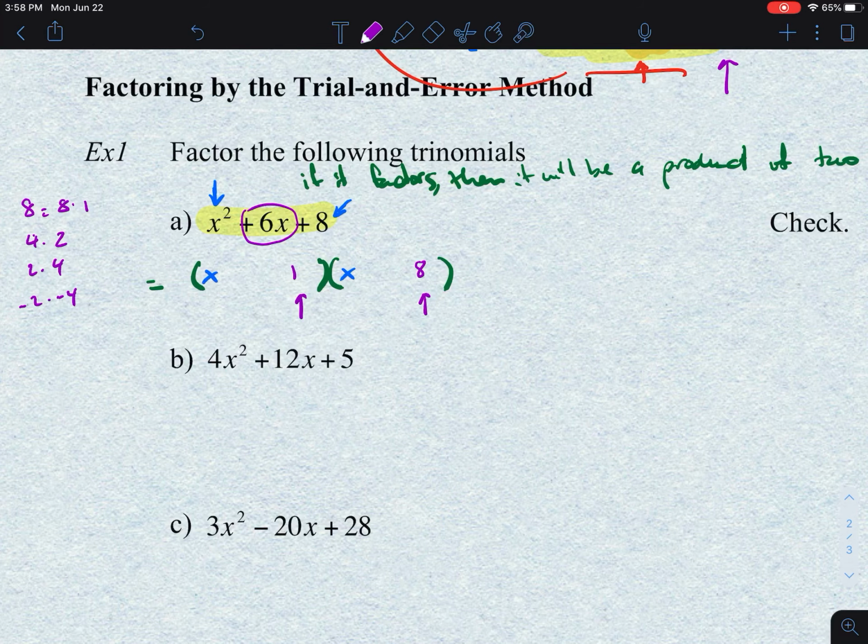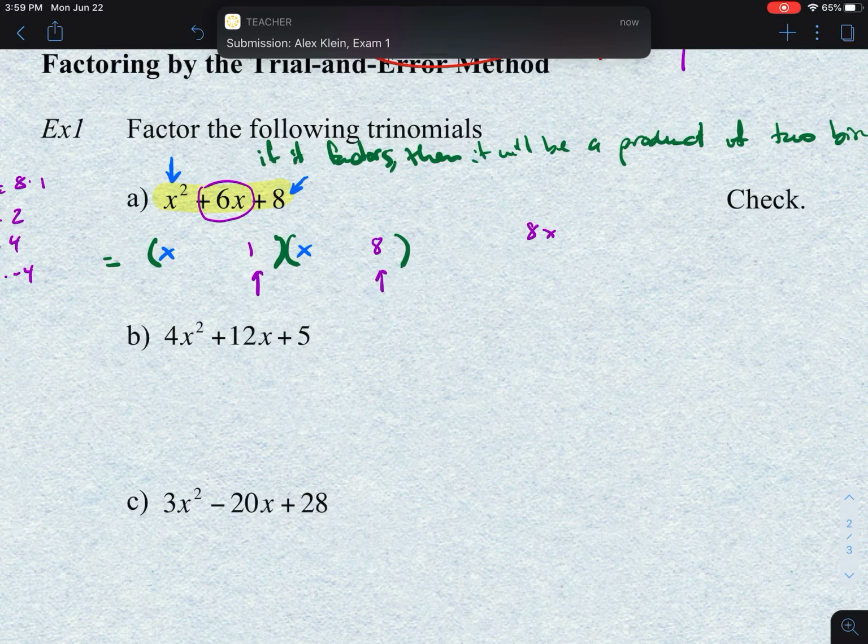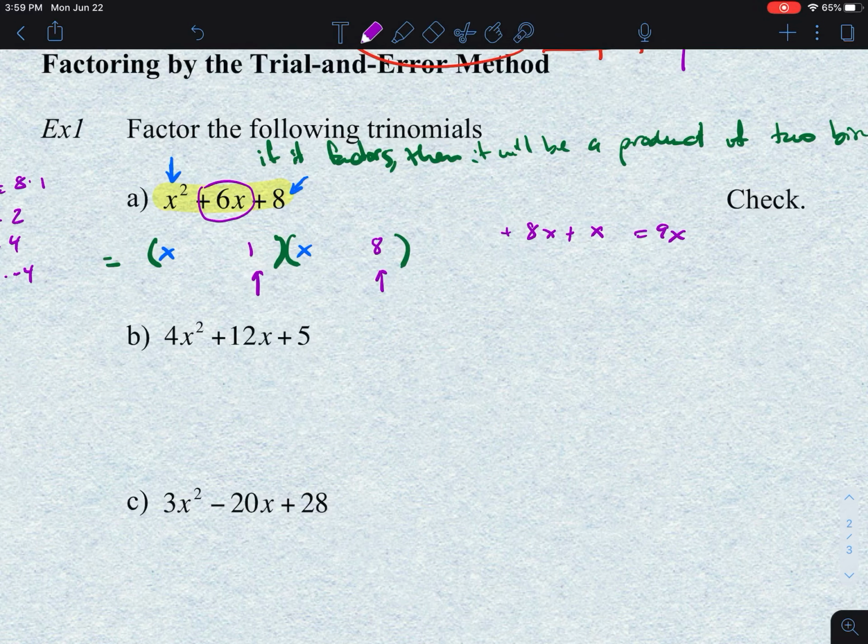Checking, x times 8 is 8x, and 1 times x is x, so adding these two terms I get 9x. That's not the 6x I want. Being able to do the mental math to get the middle term worked out takes a while.